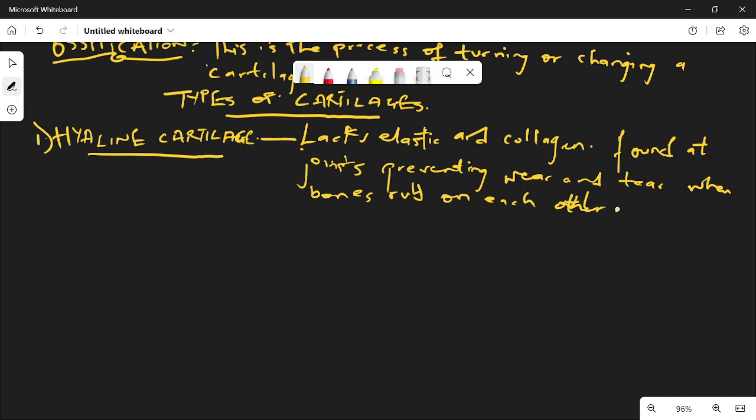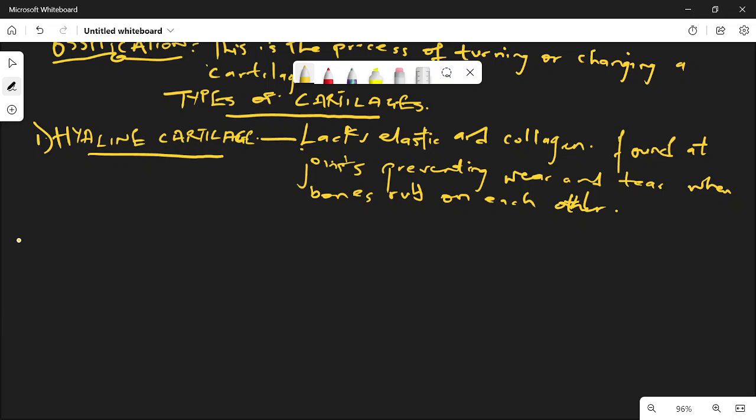So we find the hyaline cartilages at the joints, and their function is to prevent wear and tear when bones rub on each other. It prevents what? Friction when bones rub on each other. So it lacks elastic fiber and collagen.